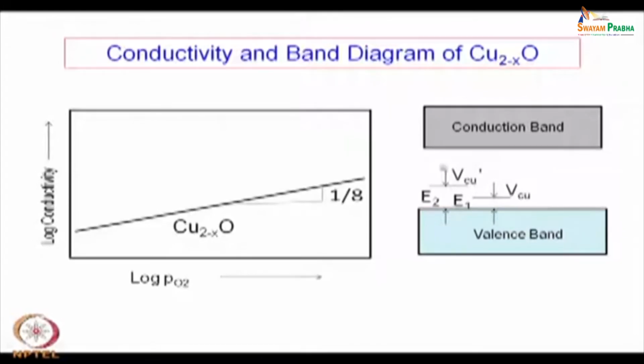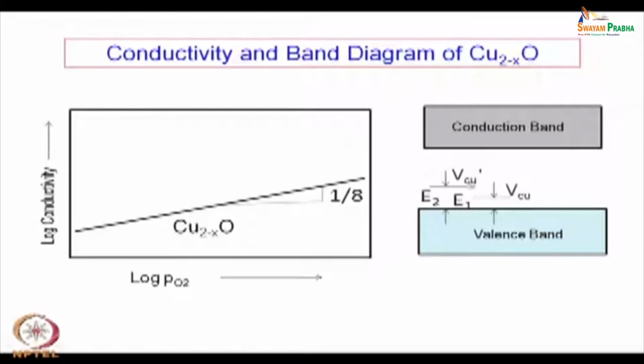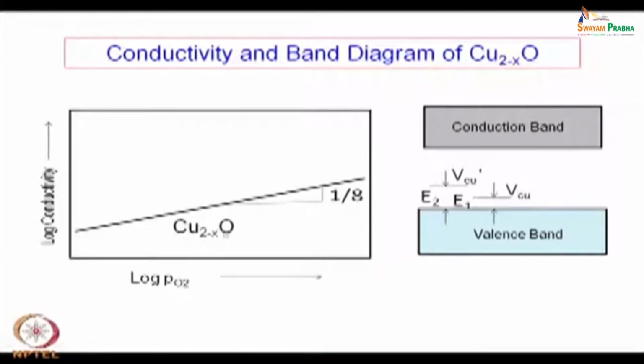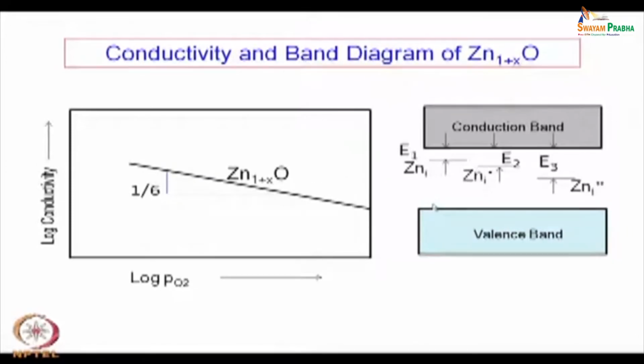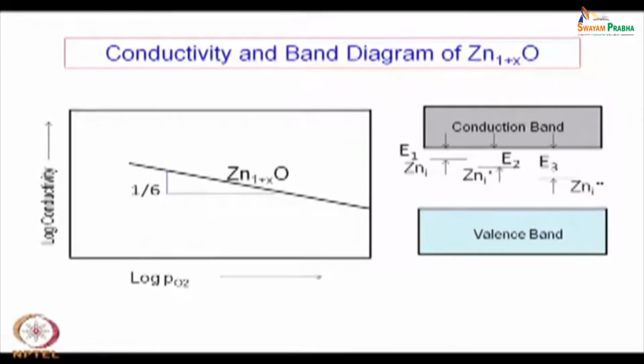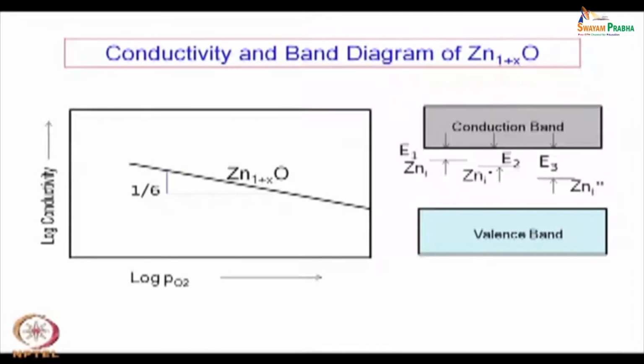If you have a singly charged vacancy, it will give rise to a conductivity like this, and it will act as p type, and therefore it is an acceptor. So, an electron will transfer from this valence band to this acceptor level, and you will get a hole there. That is a typical situation of Cu2-xO.